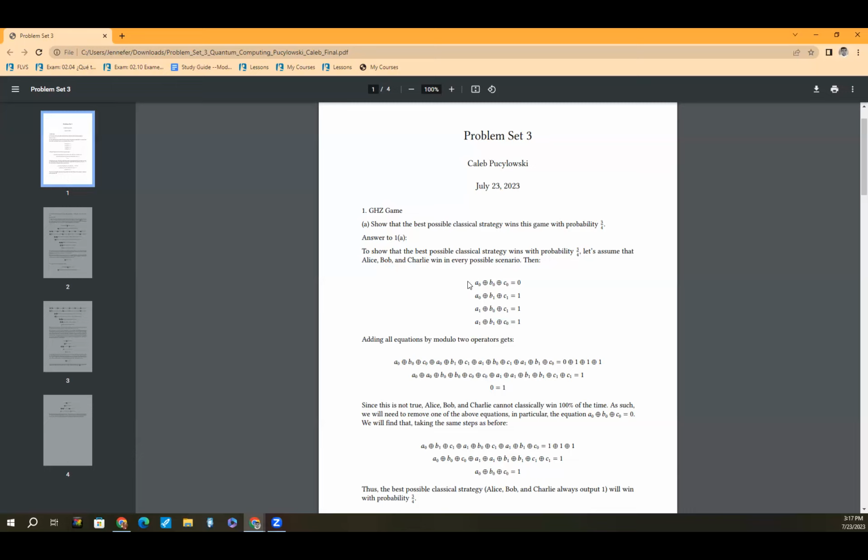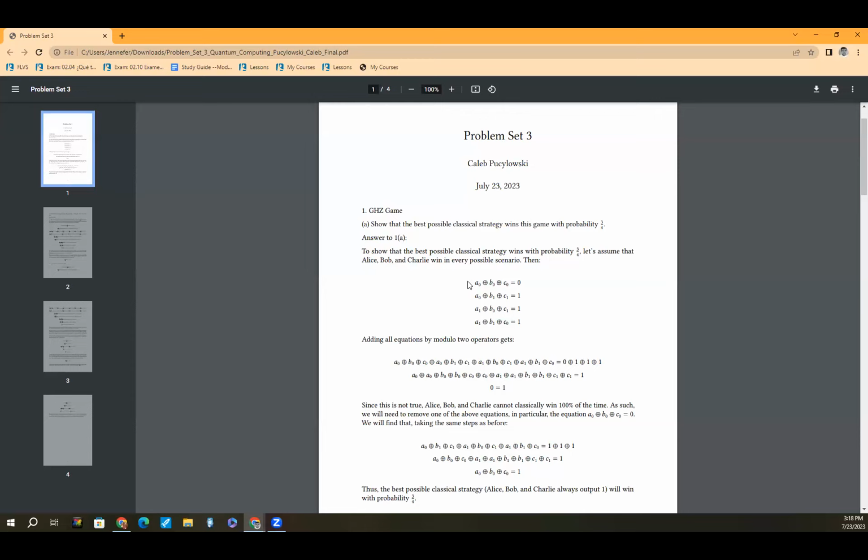In that case, A plus B plus C is technically an output bit. Alice, Bob, and Charlie can only output 0 or 1, and based on that, they can either win or lose.